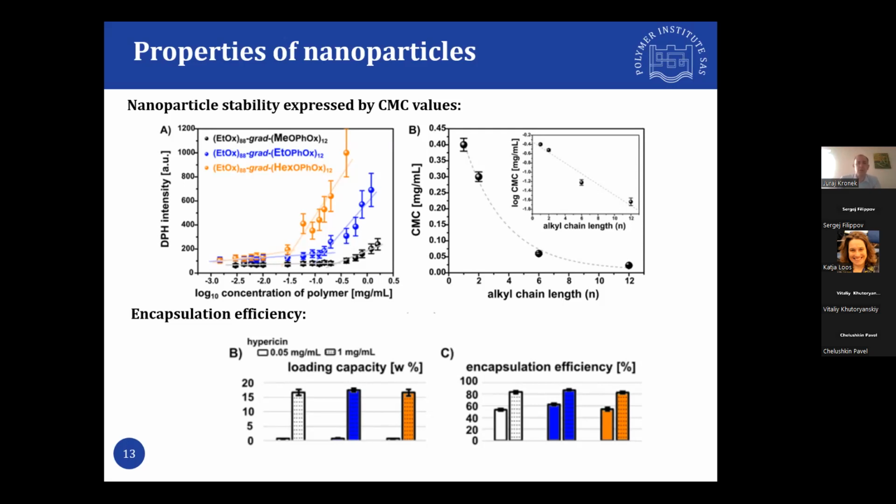We also measured loading capacity, and you can see when we use 1 milligram per milliliter of hypericin and 4 milligram per milliliter of polymer, we obtain nanoparticles with 15% of drug.